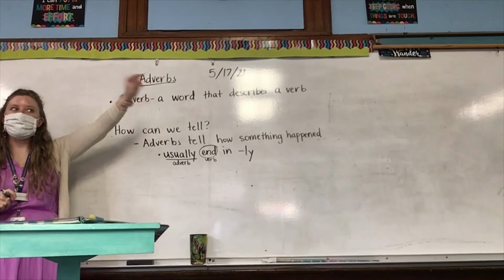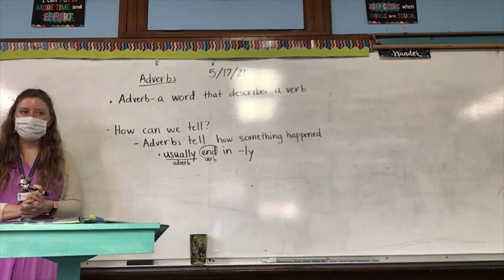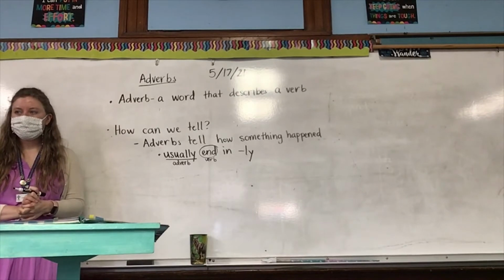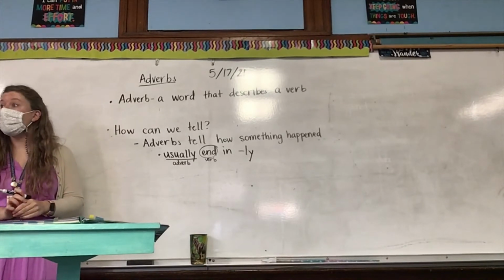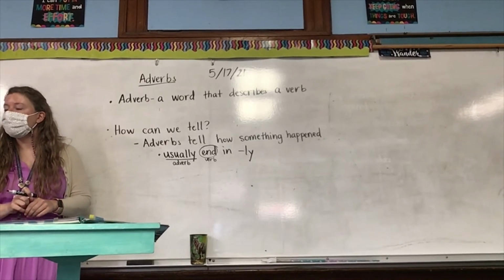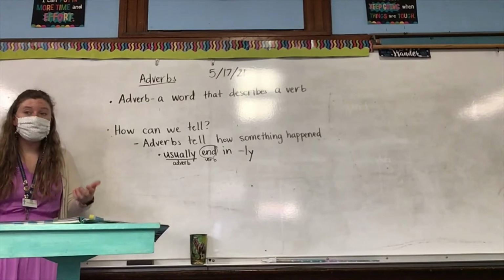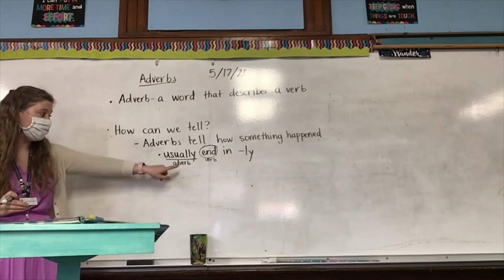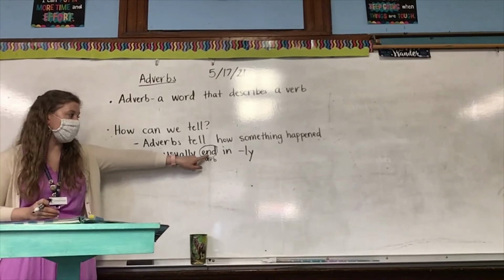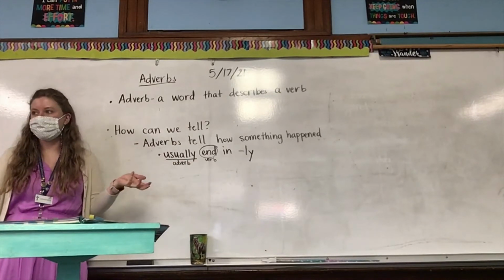What other example do we have that we did write that tells how something happened? Quickly tells how what happened? How I ran. It tells how the verb ran happened. Usually tells how the end happened. It usually ends. Does that mean all the time?